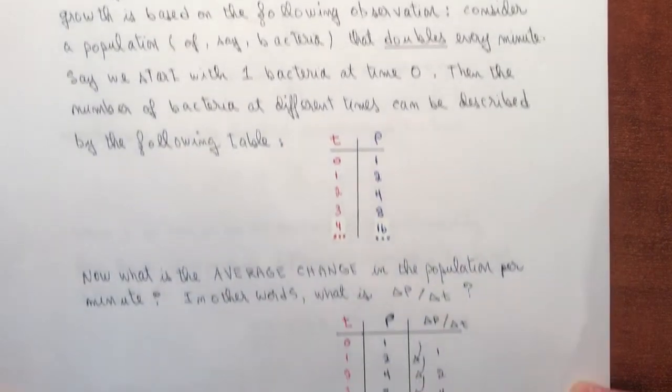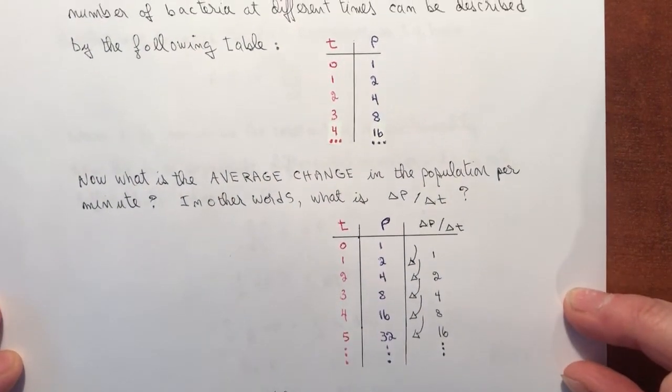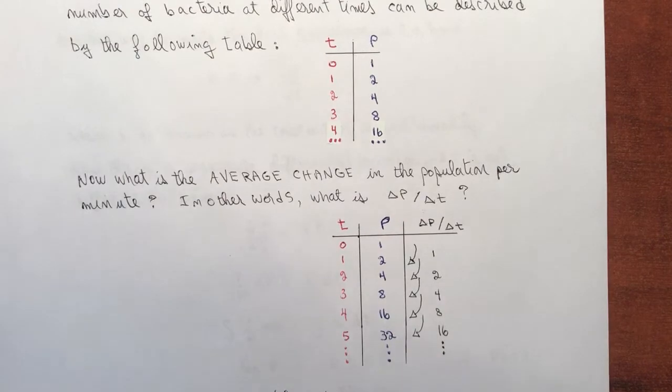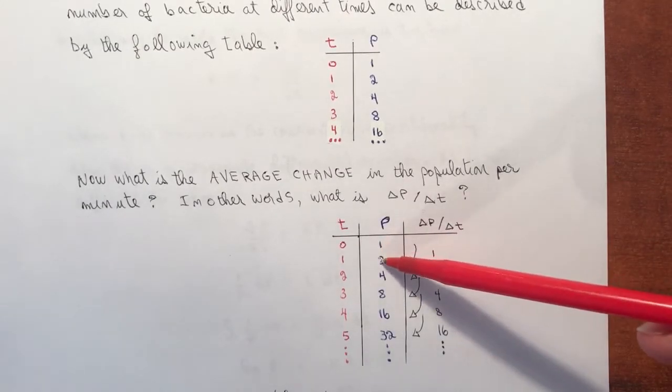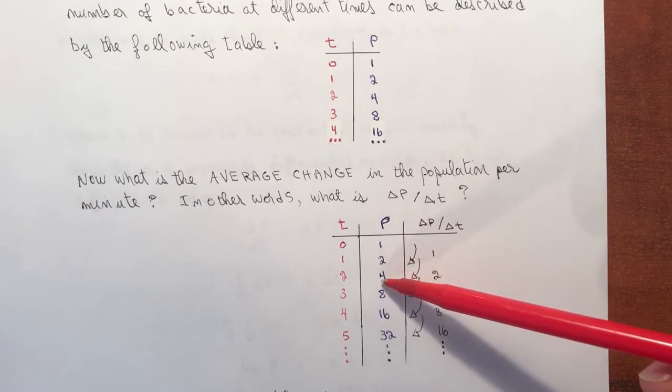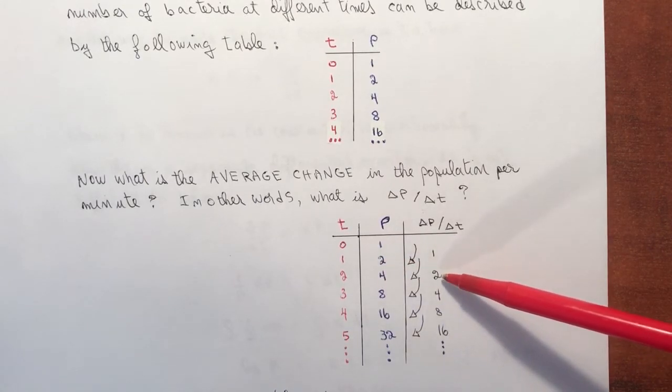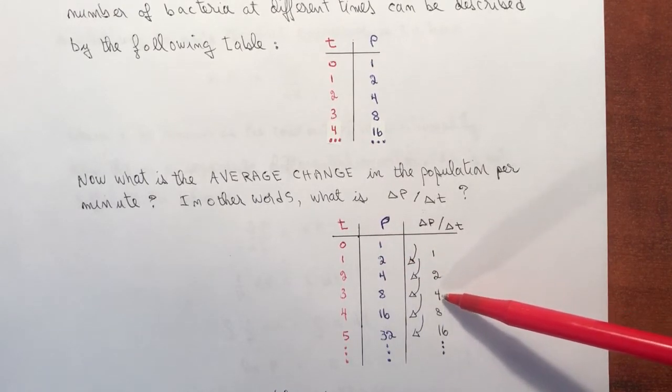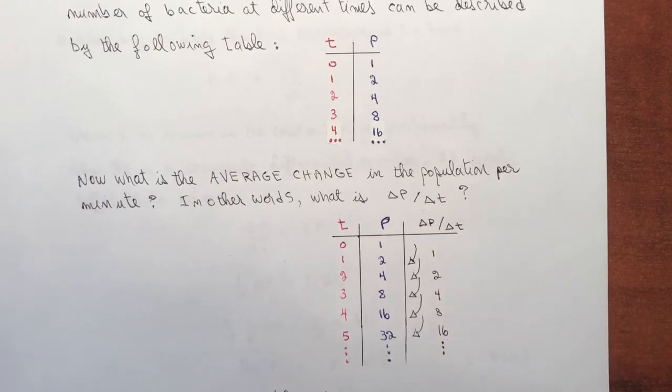What's actually more interesting than anything else is to look at the rate of change, the average change in the population per unit of time, so per minute. If you look at the table here, from 1 to 2, delta p over delta t is 1. From 2 to 4, the delta p over delta t is 2. Then it's 4. Then it's 8, then it's 16.